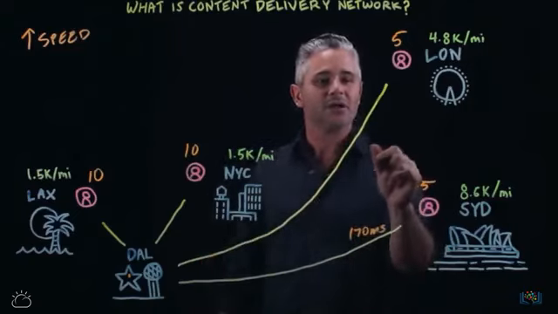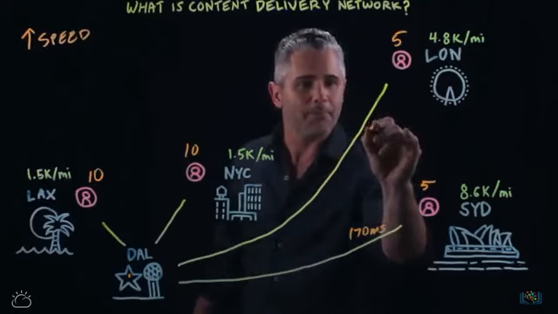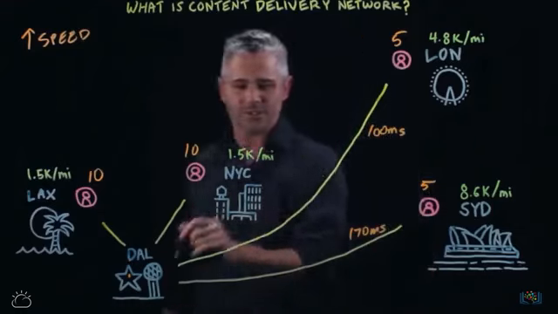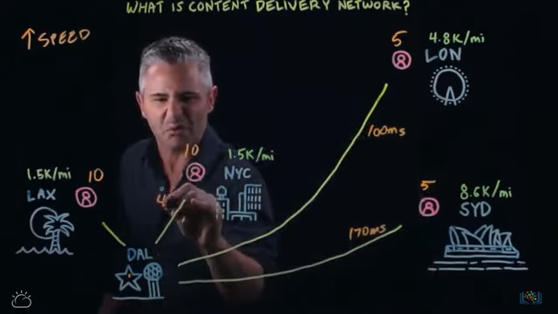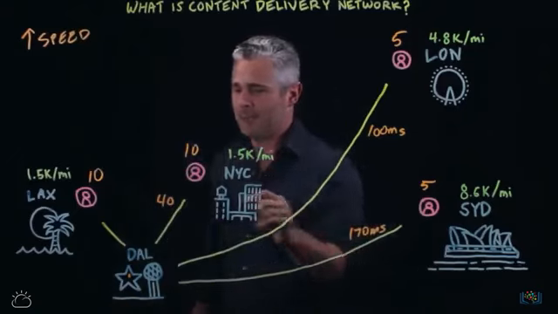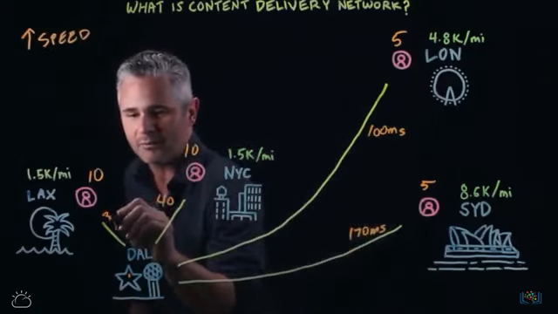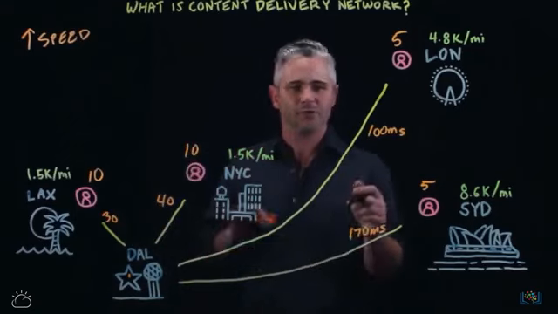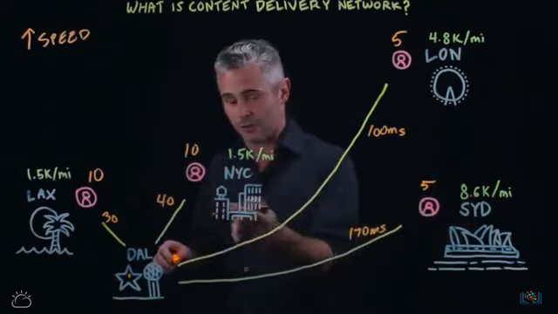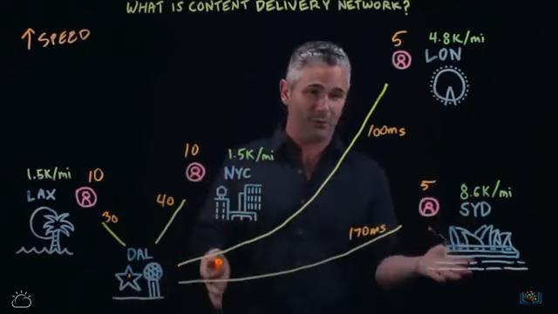For our users up in London, that might be about 100 milliseconds. Our users in New York City can probably experience about a 40 millisecond round trip time, and over in LA, about 30. As you can see, the further you're away, the longer it takes, and ultimately the slower the website will be for you.